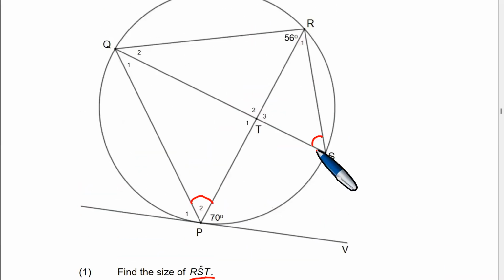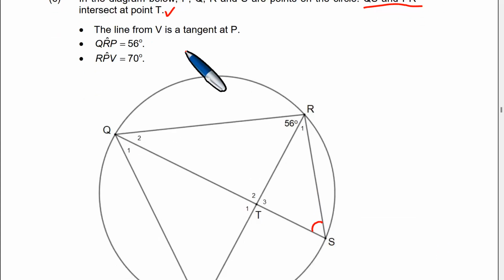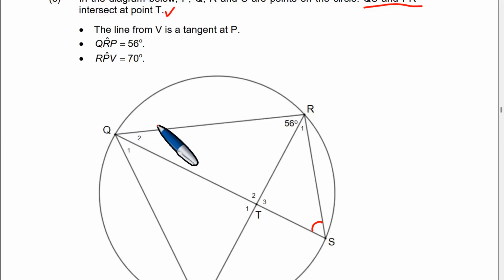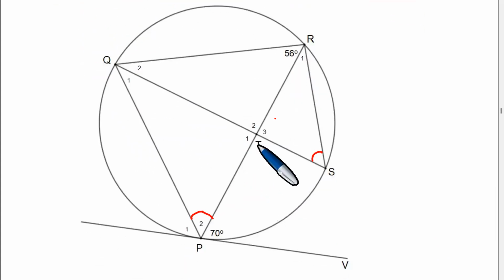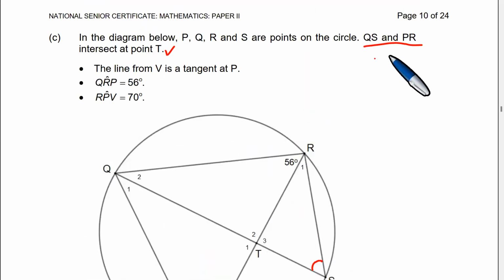Because now you can see that with what has been said here, you have points on a circle. Now, the examiner says QS and PR intersect at T. It's very important information, because if you say QS and PR intersect, it means that these two lines are straight lines.